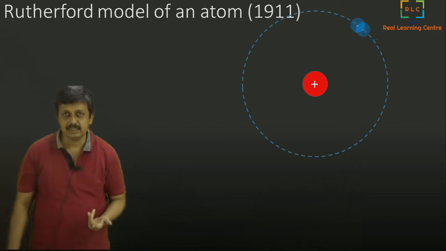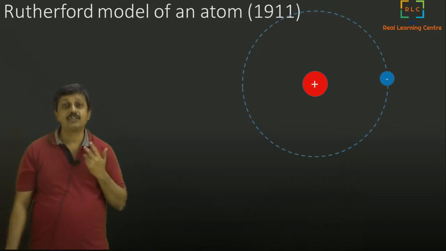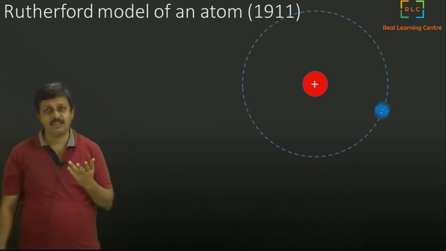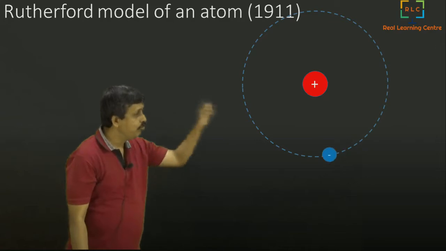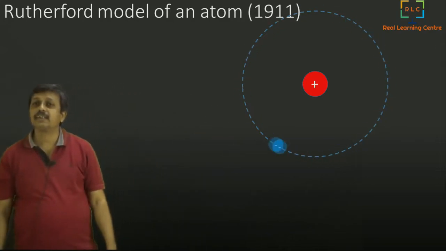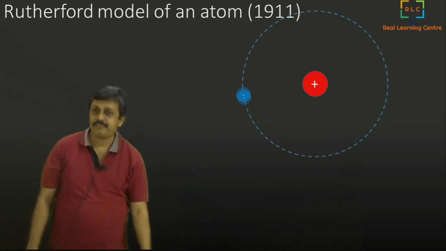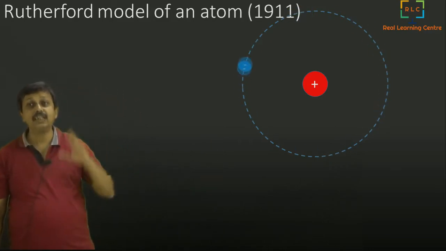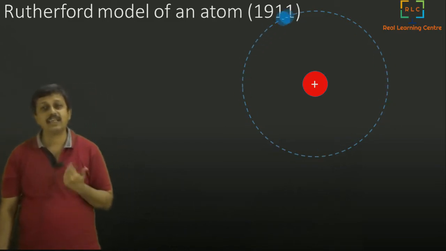During those days, the observation of the planets going around the sun was well known, so they wanted to model it like that. So Rutherford said the electron is moving around the nucleus. He called the middle one the nucleus. That is his model, and his model came out in 1911.